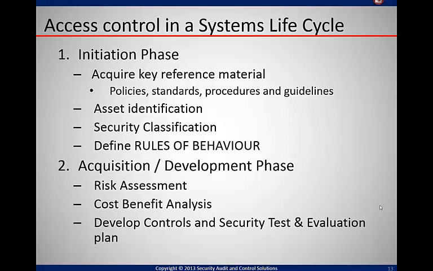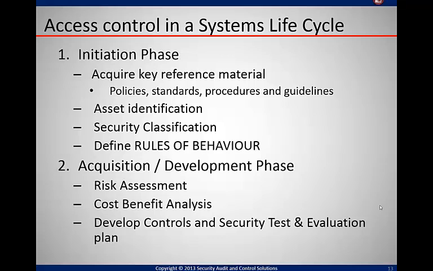We need to do asset identification, and as we know, this is a really difficult step in organizations because this is in flux, and also assets can have different value to third party, black market, or competition during its life cycle. We need to make sure that we have a security classification policy within our organization. This means that we can take an asset and assign a value to it based on the exposure and the threat level. Then we need to define rules of behavior based on the access control from subjects to objects.